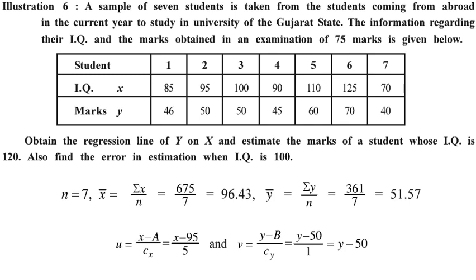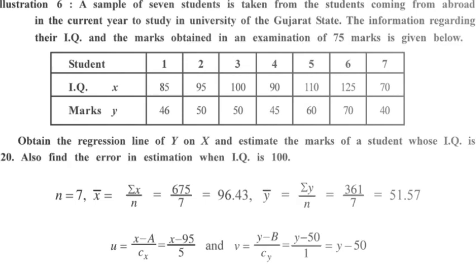So we are not going to divide it, we are just going to write it as 1. So no division for v and divided by 5 for u. Again I have taken the x as 95, which is divisible by 5, because without that we will not be able to divide it by 5. And for v I have deducted y with 50, which is a round figure value for the average.